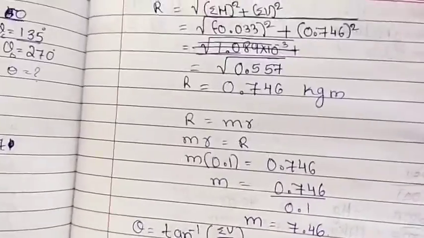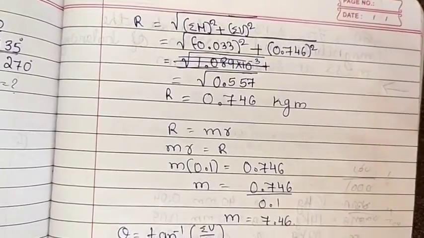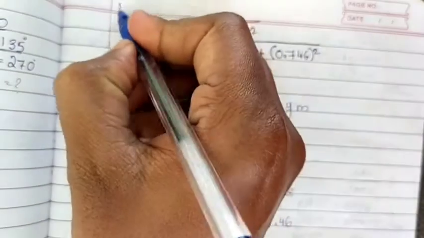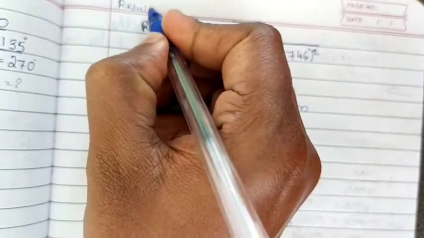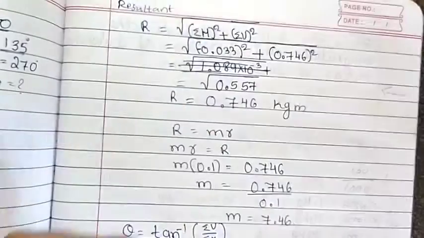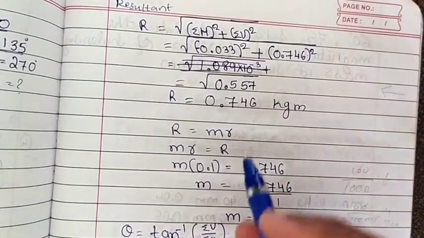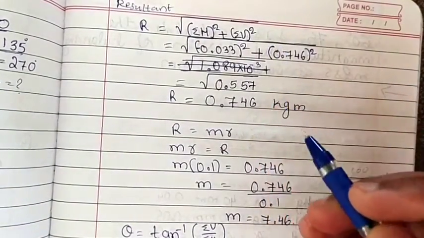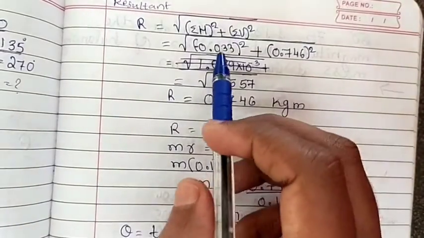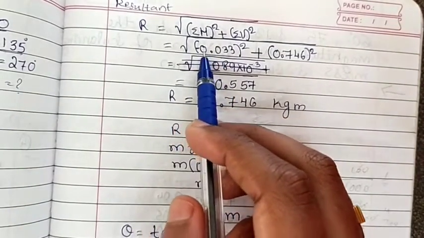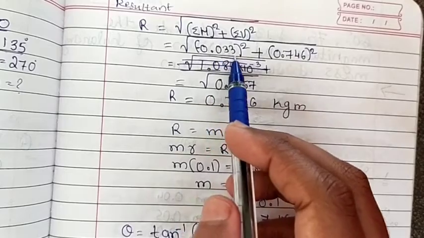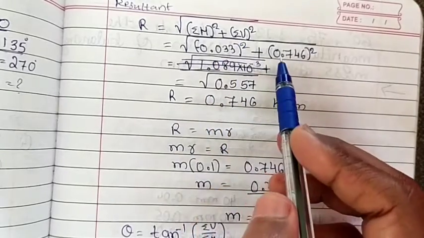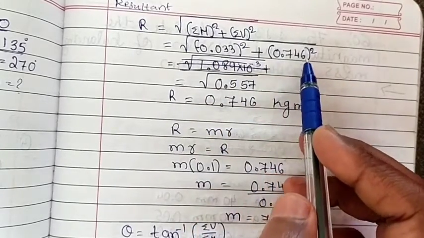After finding the horizontal and vertical components, now you find the resultant. How to find the resultant? Using this formula you can easily find R. Horizontal is minus 0.033, vertical is 0.746.